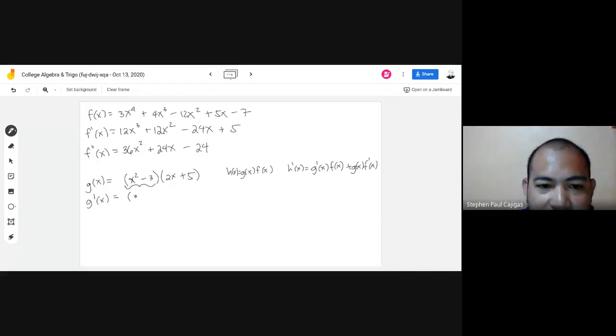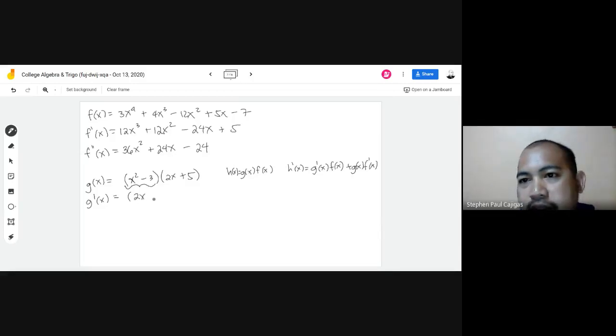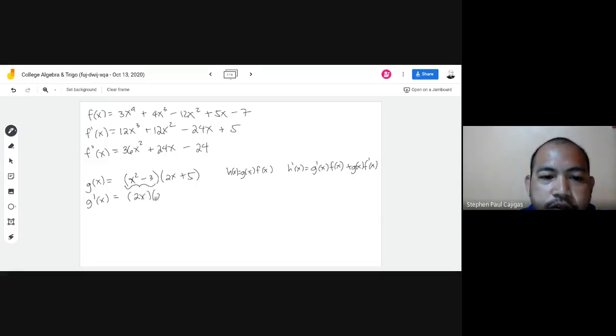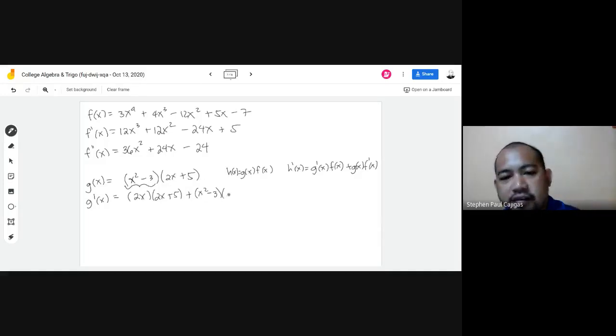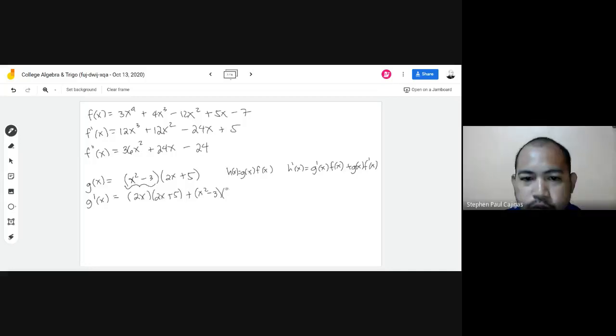Then copy the other, plus copy x squared minus 3. What is the derivative of 2x plus 5? 2. Okay.